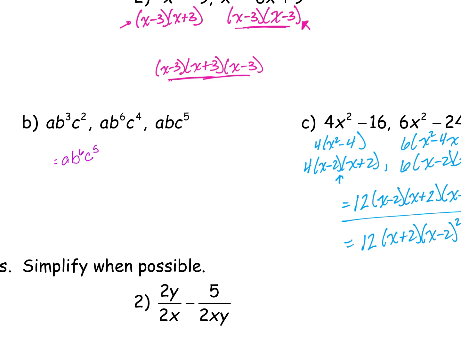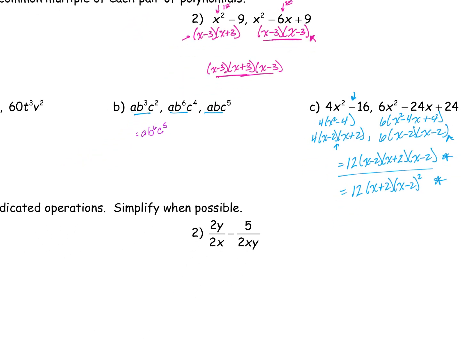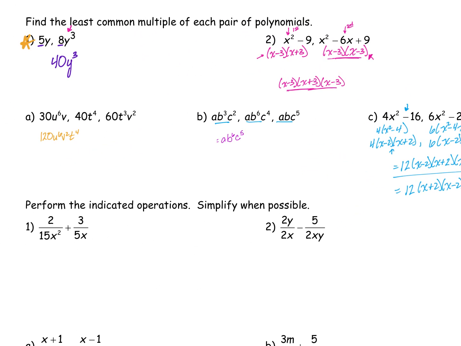It's all straight multiplication. It's A times B times C, so there's nothing to factor there. And here there's a plus or minus sign, so there's something to factor there. Does that kind of help a little bit? Okay, any other questions? Those are some good questions too, by the way.